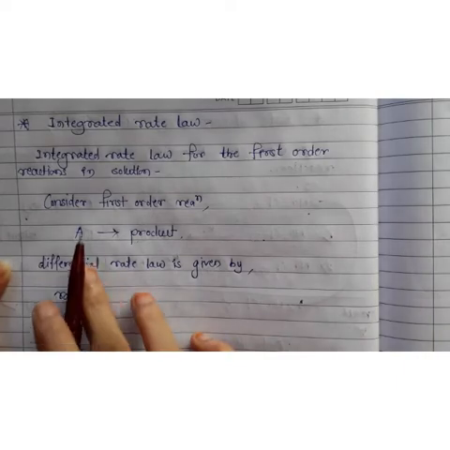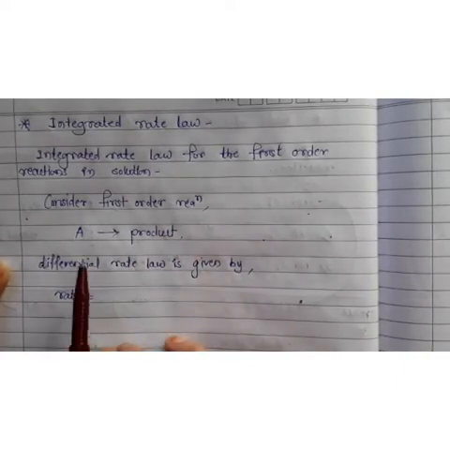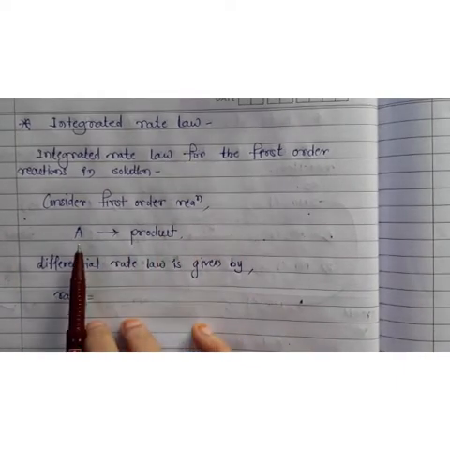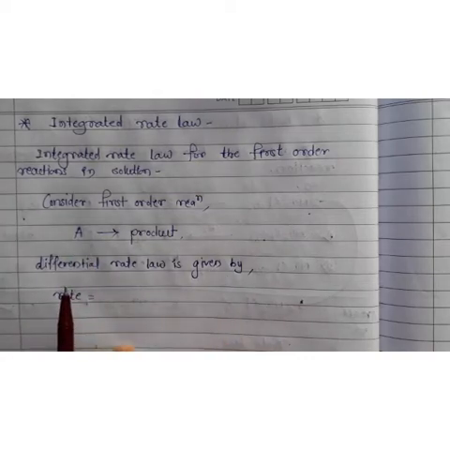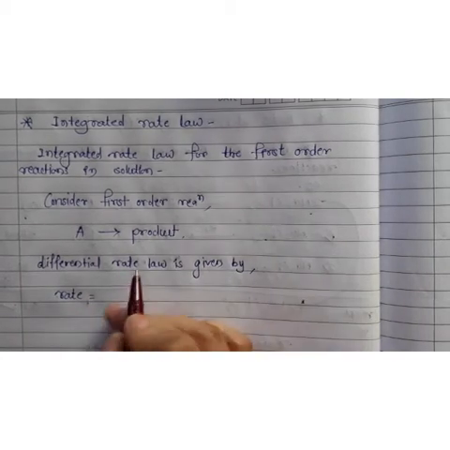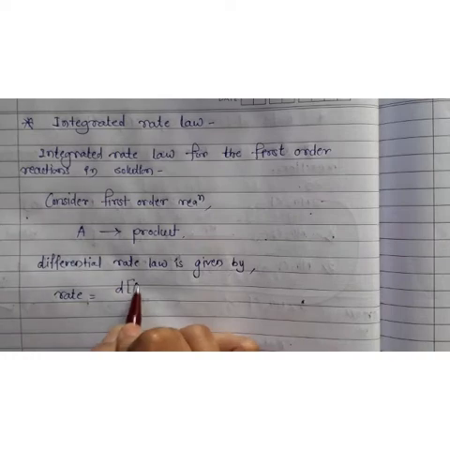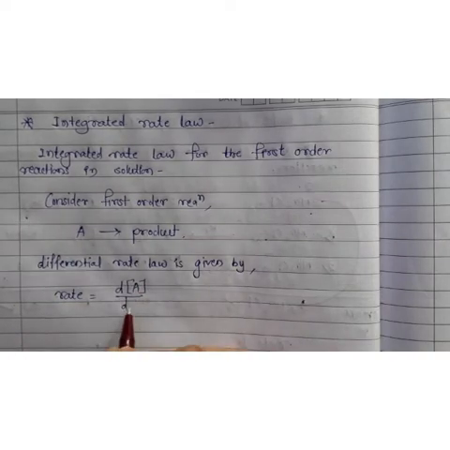Consider a first order reaction, A gives product. In this case A is the reactant, and this reaction is first order. For this reaction, the differential rate law can be written as rate is equal to d[A] upon dt.